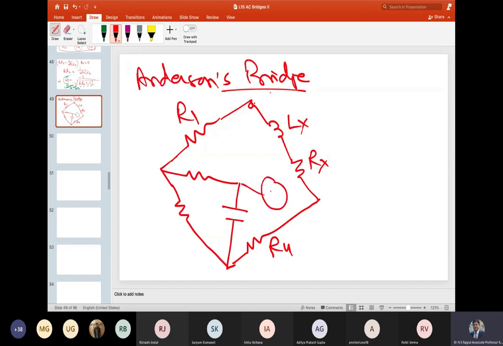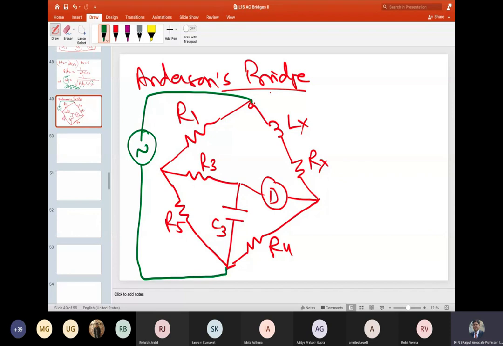And then over here they have placed the detector. So let us call it R3, C3 and R5, right? And as usual, this is where your supply has been connected, right?